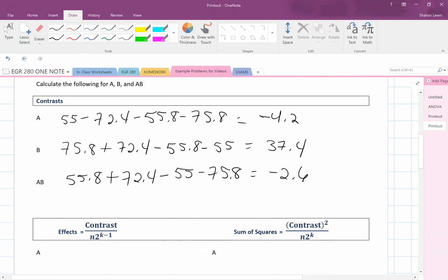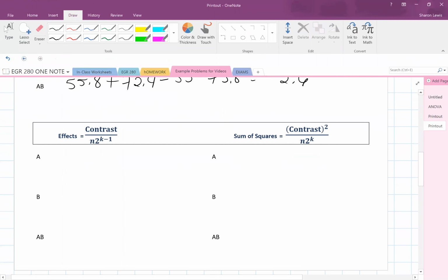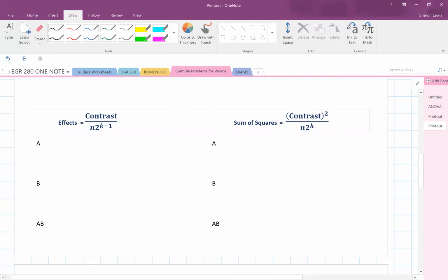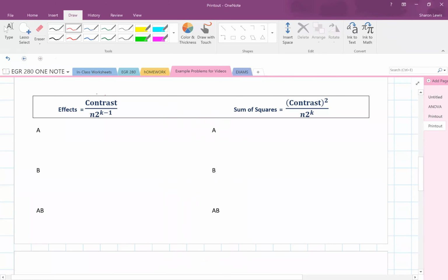All right, now let's go ahead and calculate the effects. For the effects, I put our formulas in here just to make it easier for us, so you might have them handy when you're going through a design of experiment. We take the contrast and divide by n times 2 to the k minus 1 for effects. For the sum of squares, take the contrast squared divided by n times 2 to the k.